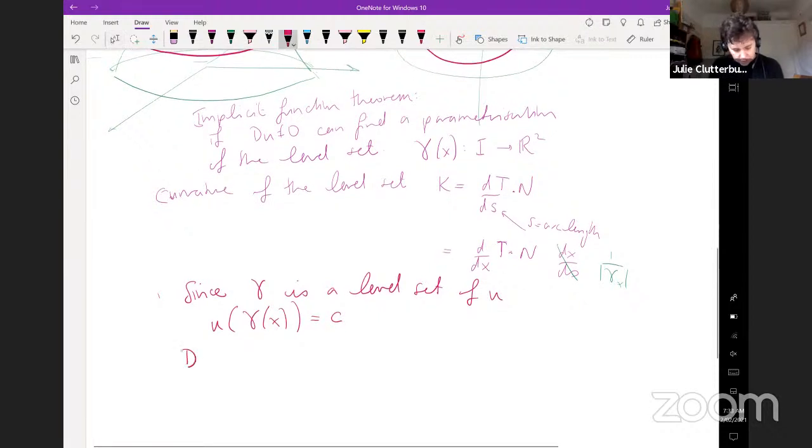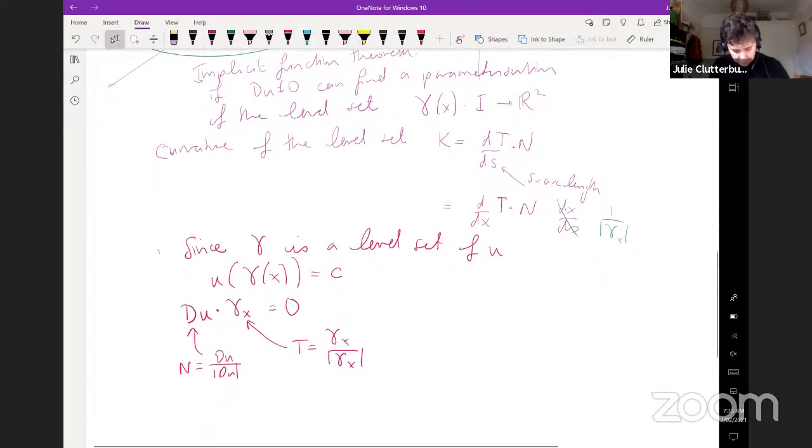And so taking the derivative of both sides with respect to x gives us du · gamma_x is equal to 0. So du is in the direction of the normal, and gamma_x is the tangent. So when we take the dot product of this, it gives us 0.